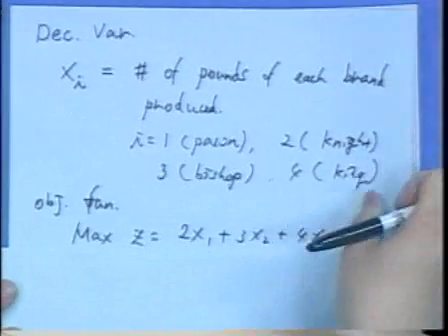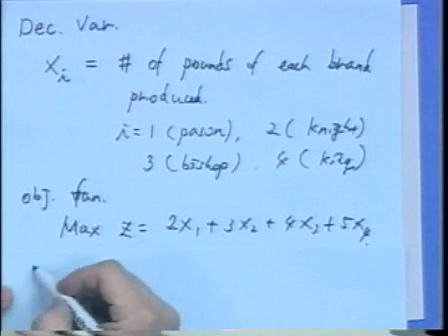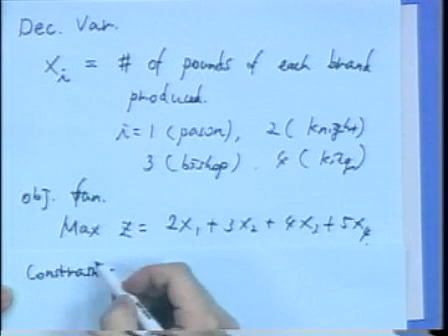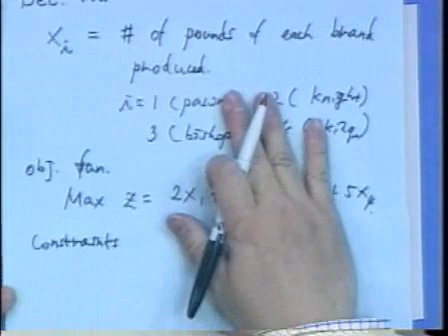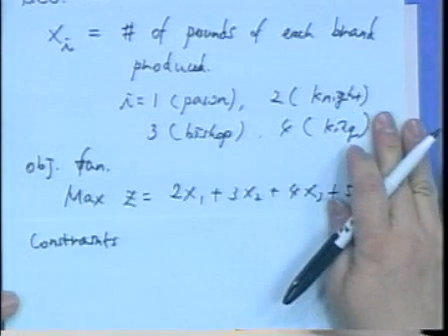And what constraint do we need to consider? The number of pounds of peanuts used must be less than or equal to the available peanuts, right? Supply of peanuts. Likewise, chestnuts.